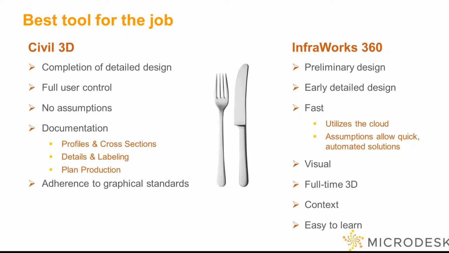You can do all of your documentation in there, utilizing all the different tools for profiles and cross-sections, detail labeling, the plan production tools, and the foundation that it's written on, just standard AutoCAD. You can do all your drafting or anything you need, and then you can incorporate all of your criteria files and standards that are required to get the visual look you're trying to go for.